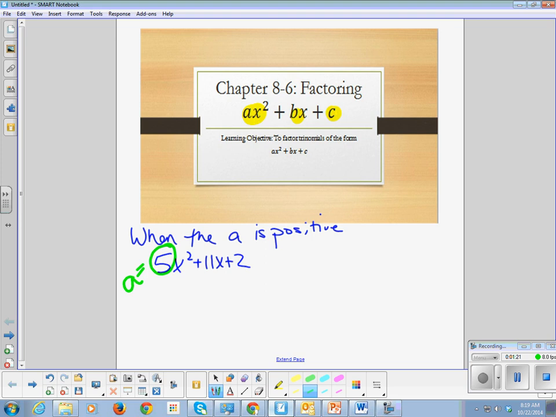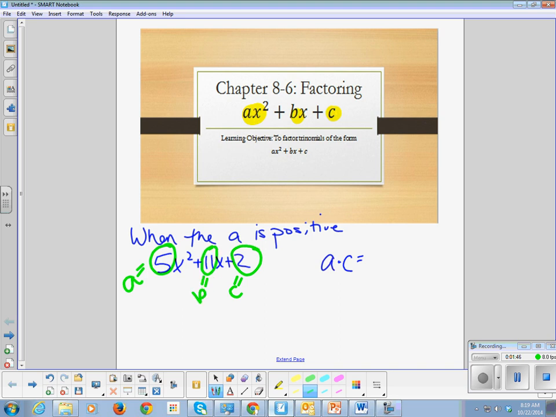So one thing that we're going to look at is what happens when I multiply A and C together. So here, 5 is A, 2 is C, and just for fun, which one's B? The middle one. Yeah, the middle one is B. It's 11.